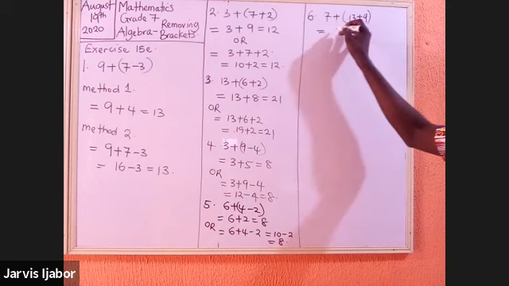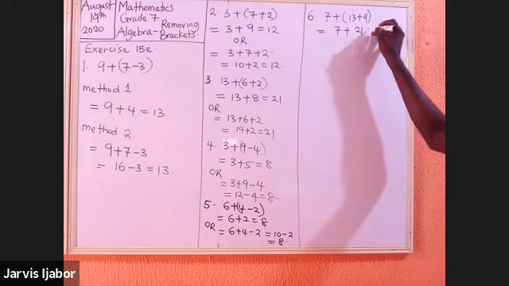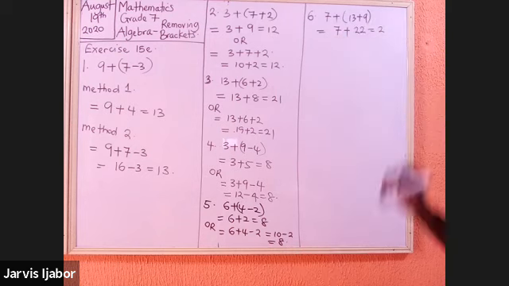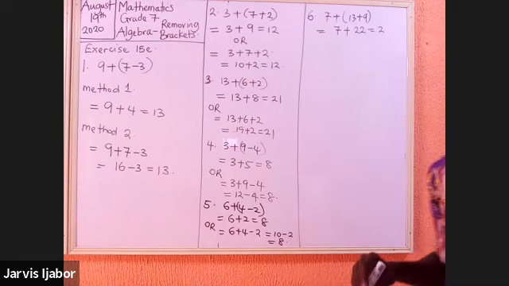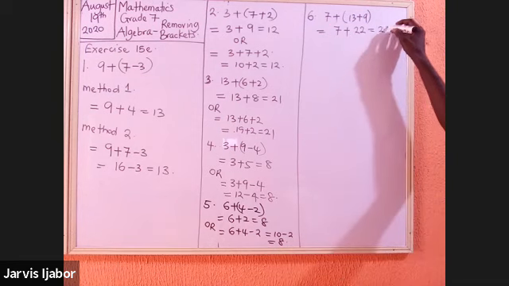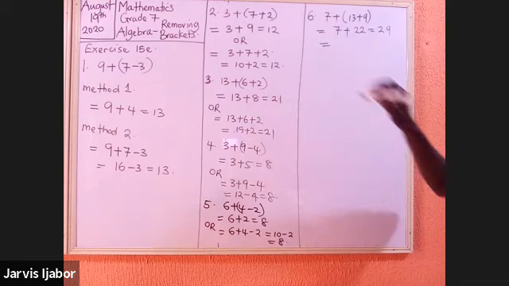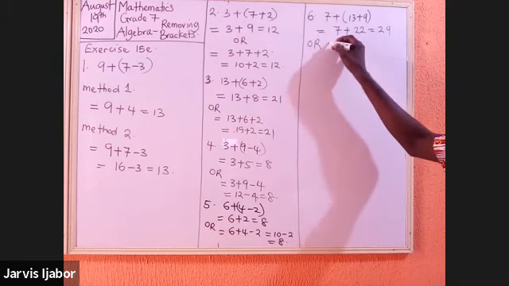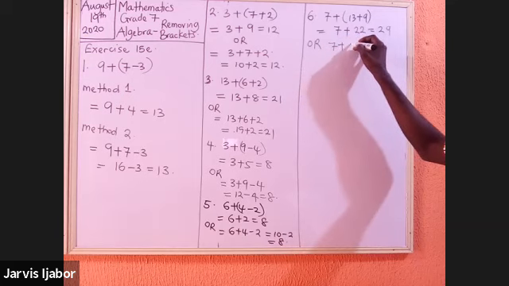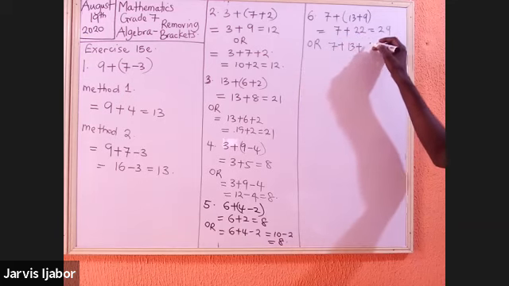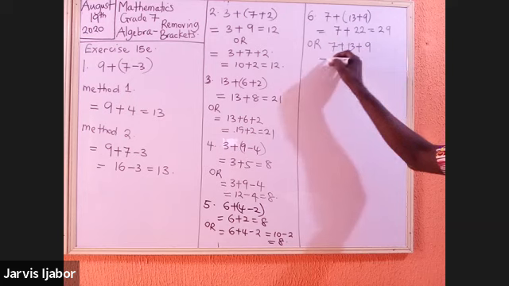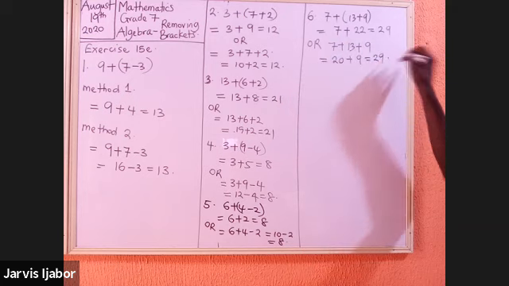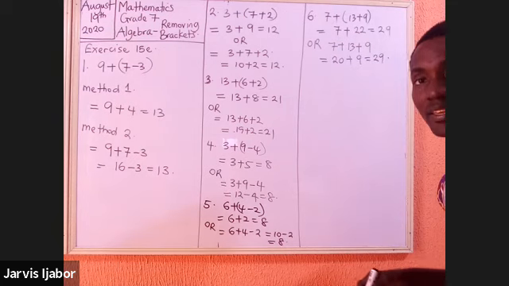What does that give you? 7 plus 22, sorry. Whenever you add two odd numbers, you must get even. And that will give you 29, which invariably we can also solve with, say, 7 plus 13 plus 9, which will be 20 plus 9, and that will also be 29. So whichever approach you're using, you will get the same answer.